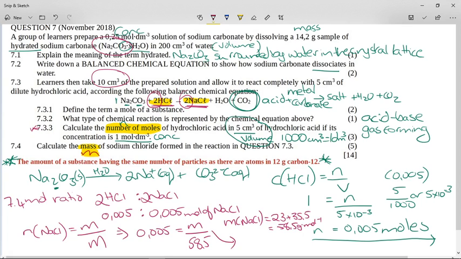And if you put that number into your calculator and you press all the right buttons, you get the mass of sodium chloride is going to be equal to 0.2925, but you need to actually round that off to 2 decimal places or 3 significant figures, if that is better for you, depending if you've got a really, really small answer. So the mass of sodium chloride is going to be 0.29 grams. Make sure you put the grams, otherwise your answer is wrong.